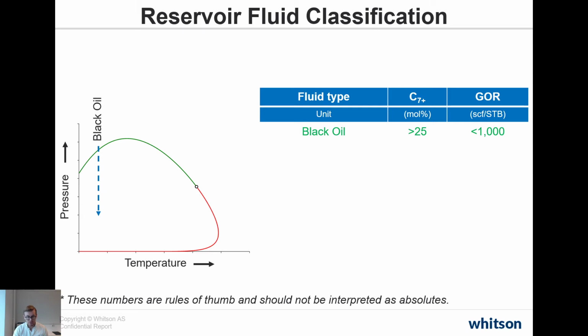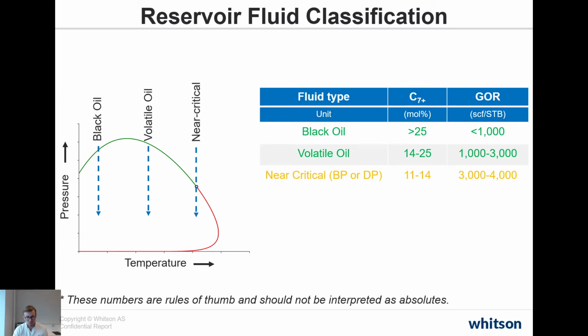So black oil typically has more than 25% C7 plus and less than 1,000 scf per barrel GOR. For a volatile oil, you have between 14 to 25 mole percent C7 plus, and your GOR would typically be between 1,000 and 3,000.